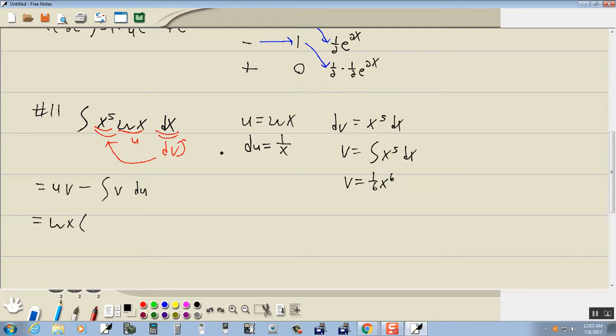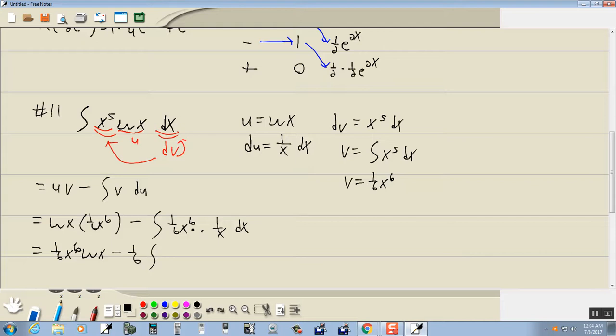What was v? 1/6 x to the 6, minus the integral of v, which is 1/6 x to the 6, du, which is 1 over x, and oh, I forgot to put dx in here, dx there. So then we got 1/6 x to the 6 natural log of x minus, I can take the 1/6 and put it out in front.